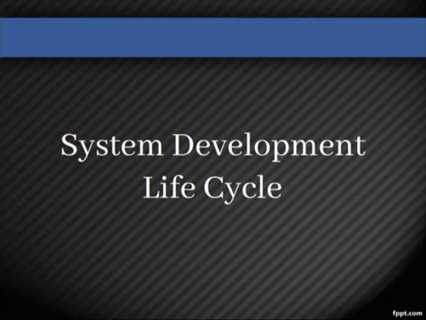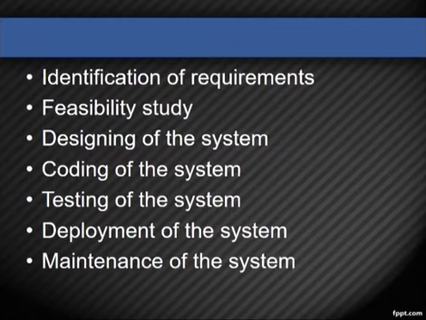Okay. Now we are moving to the system development life cycle. That means if you are developing or making some system, you have some steps to follow. That is what we are going to learn from these life cycles. So we have to follow these steps.